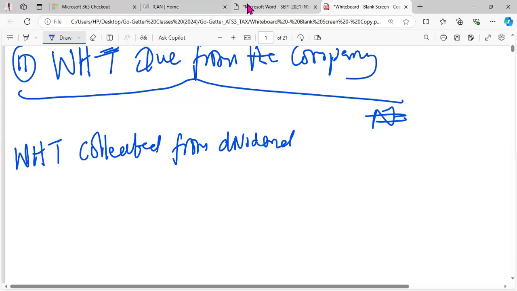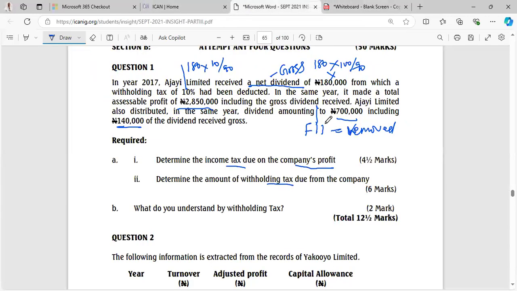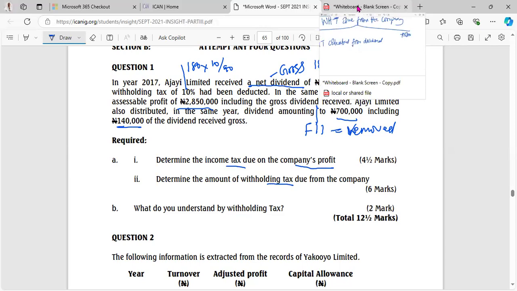So it is the 700 that they were issuing out. They said in the same year, Ajayi Limited also distributed dividends amounting to 700. So when they are distributing these dividends, they are collecting withholding tax. And so this is 700.